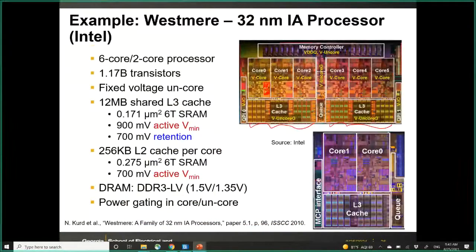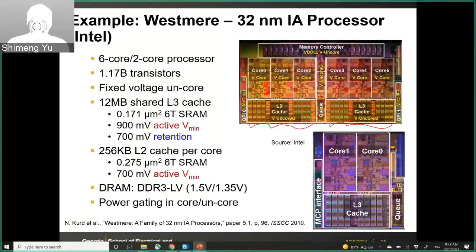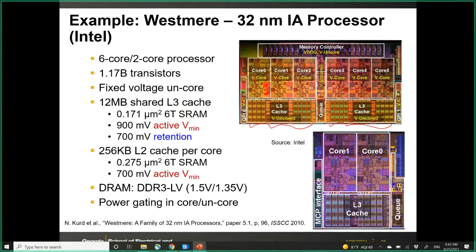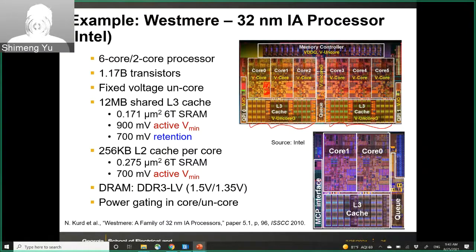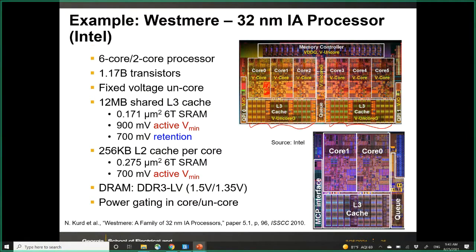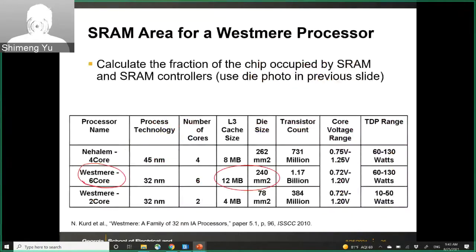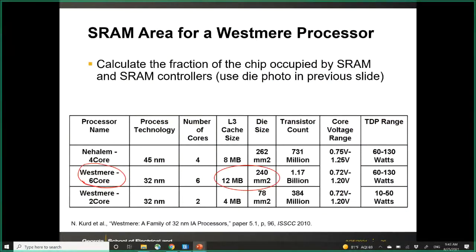Other question? That's a good question. I believe it's included the ECC bit. But for the SRAM, the ECC bit is not a big portion, I would say. So the ECC should be included. Okay.